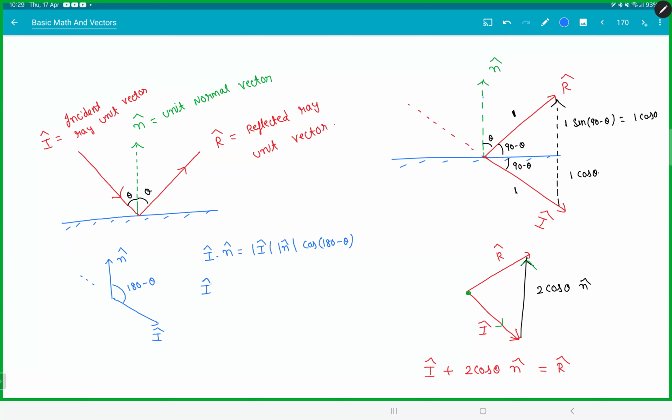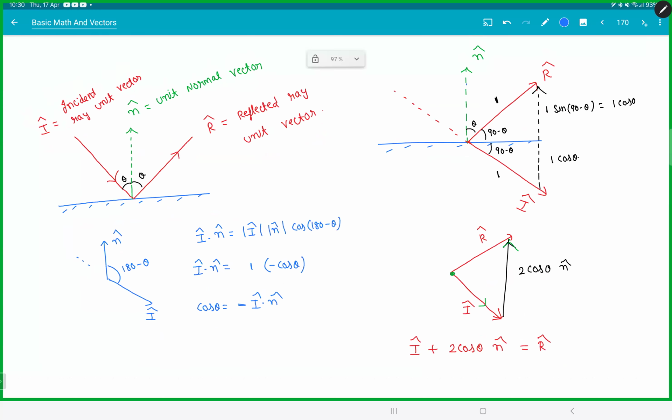Remember, mod I cap is 1, mod n cap is 1, and cos 180 minus theta is minus cos theta. Therefore, we got cos theta equal to minus I cap dot n cap.